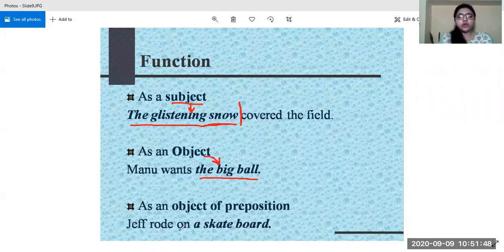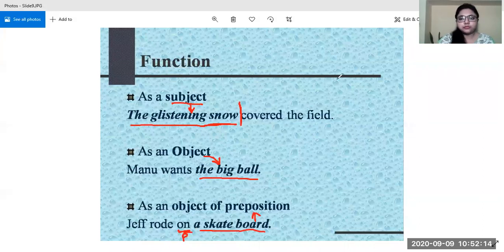Like Jeff rode on a skateboard. So on is a preposition, and what is written after the preposition? A skateboard. So a skateboard is a group of words, a phrase that acts as an object of a preposition. So the noun phrase can act as a subject, it can act as an object, and it can also act as an object of preposition as well.